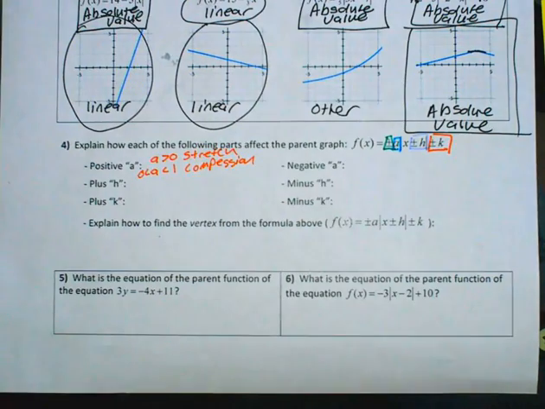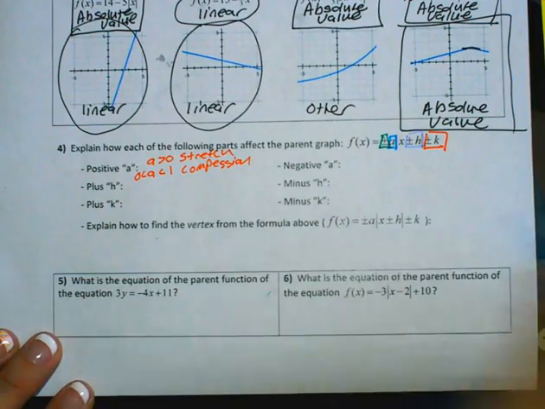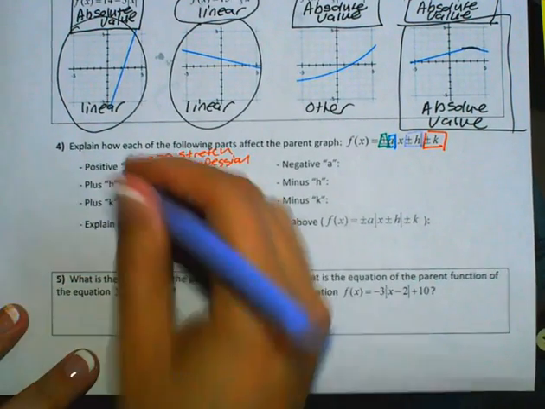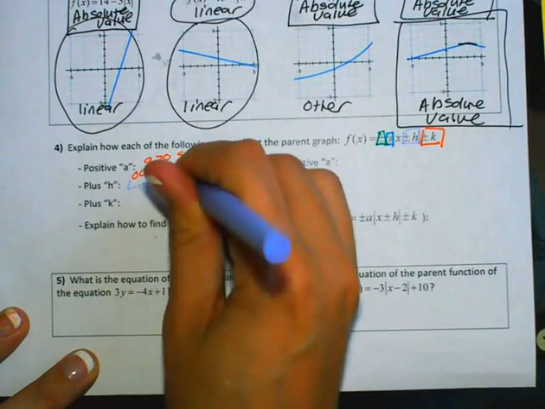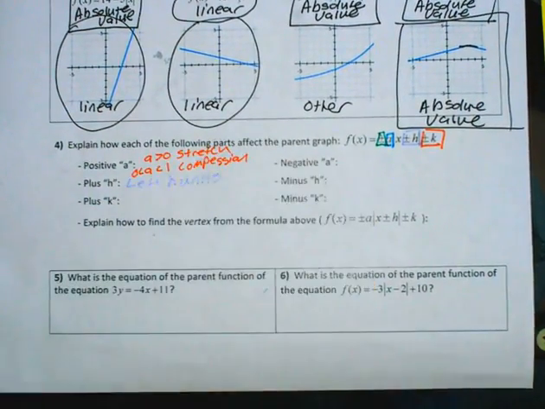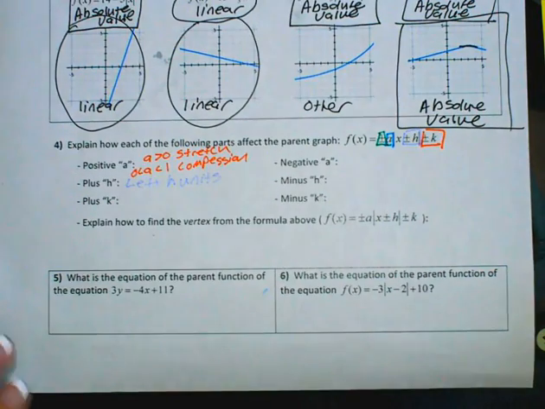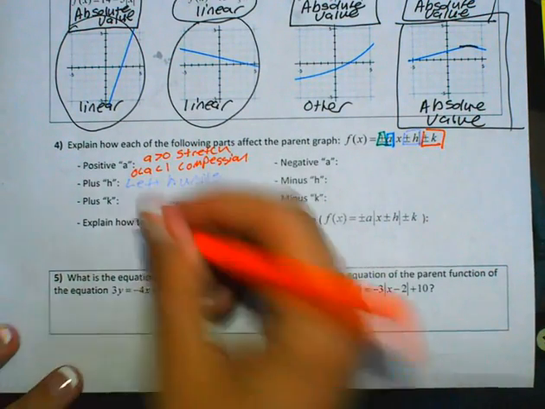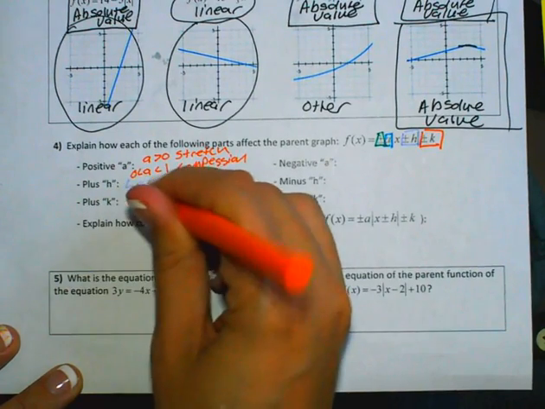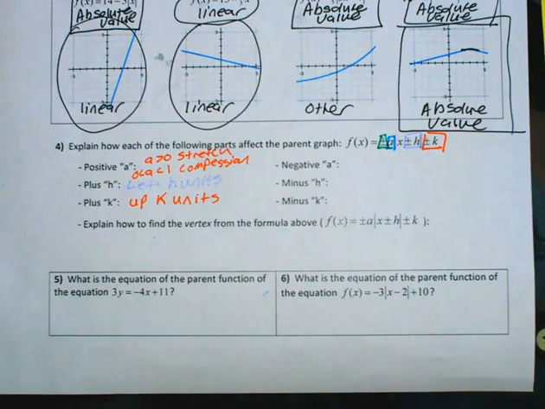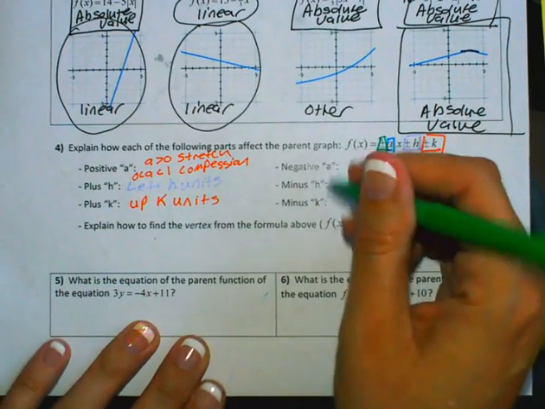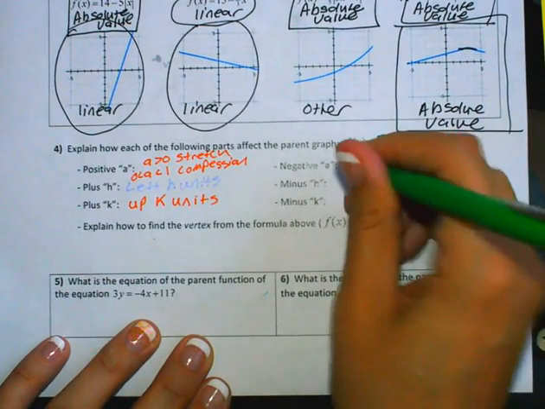Okay. For a positive H, it means it's going to go left H units. For K, plus K is going to go up K units. A negative A is going to be a flip over the x-axis.